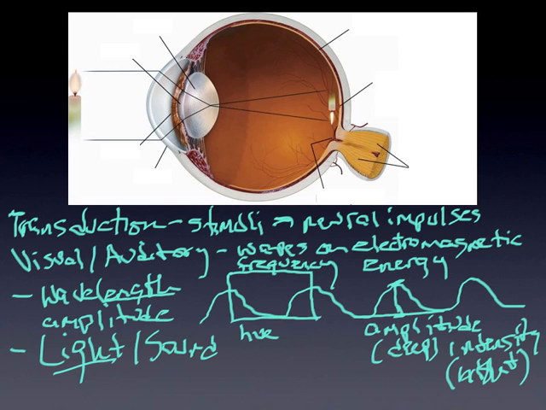And the wavelength and the amplitude will come up again when we talk about sound waves. The same idea occurs in terms of how loud something is, in terms of frequency, and then the timbre of it in terms of amplitude, which is another example of that.